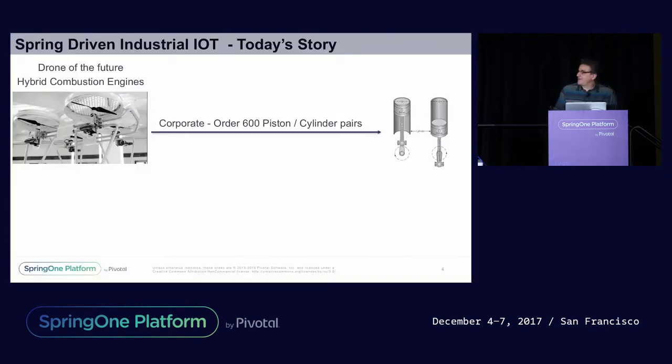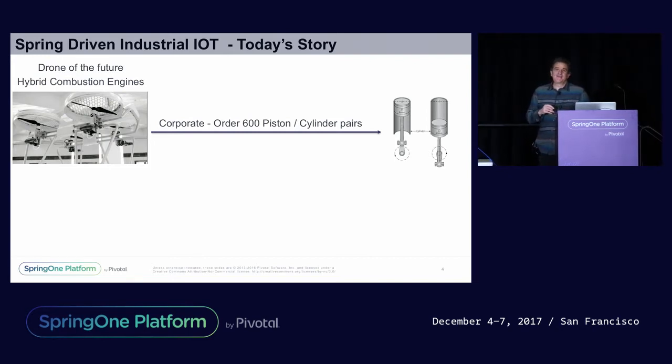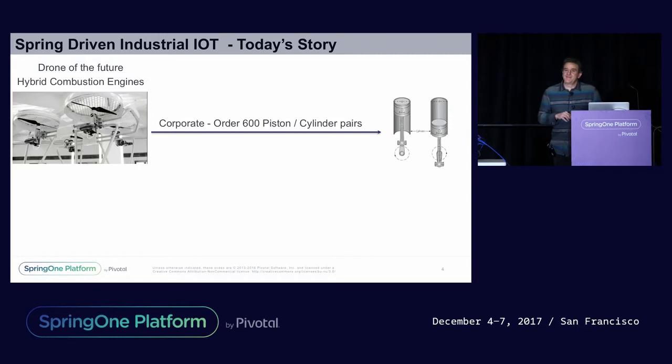So the story for today, imagine, if you will, drones. As I was preparing for today's presentation, I found a couple of things that were a little bit counterintuitive. The first one is that the auto industry is primarily driven by combustion engines today, and now there's a resurgence into hybrids and electric engines for autos.